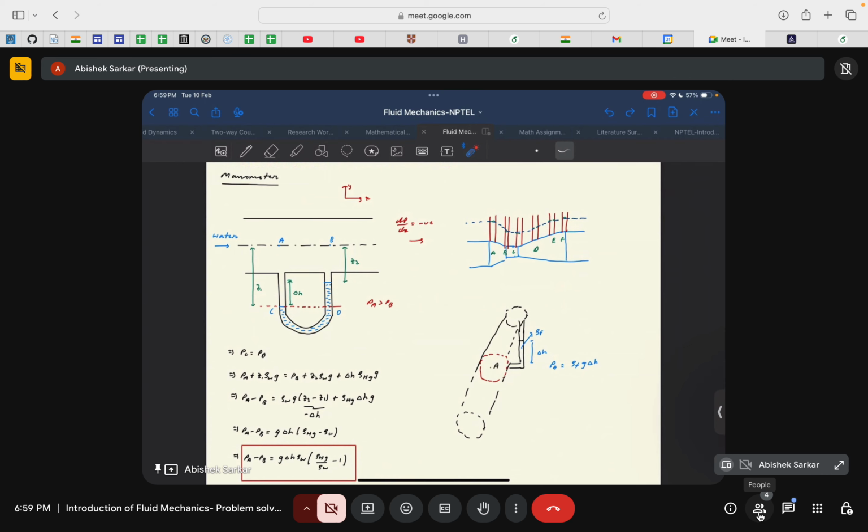So the last topic of today's discussion is the principle of manometry, which is again a simple application of the principle of the hydrostatic law. Most of you might have done some experiments in your fluid mechanics labs, if you are undergoing a bachelor's course in mechanical, chemical or civil engineering, where you encounter the use of a venturimeter to find the flow rate through a pipe.